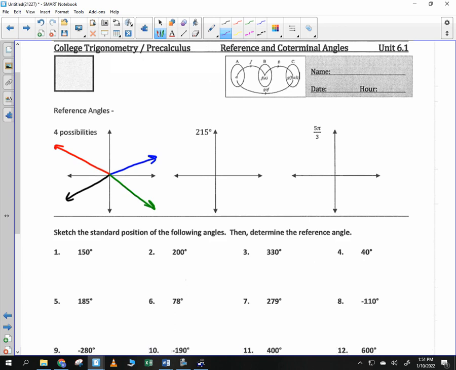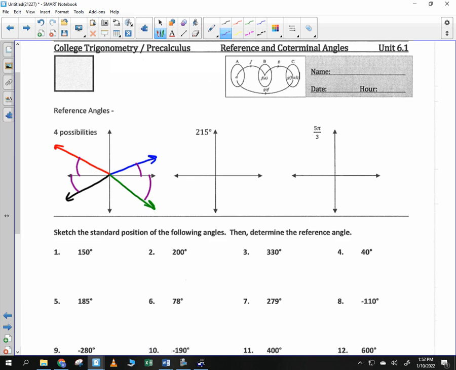Just to be clear, you're always looking for the angle between the x-axis and the terminal side. These are the 4 different angles that you'll always end up focusing on finding.